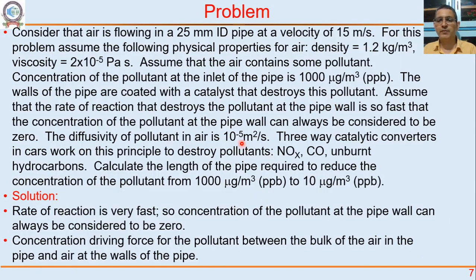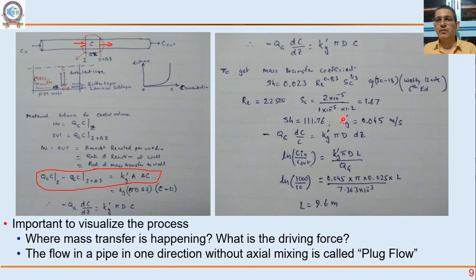Rho 1.2. Schmidt number is 1.67. Concentration boundary layer and momentum boundary layer are almost the same.